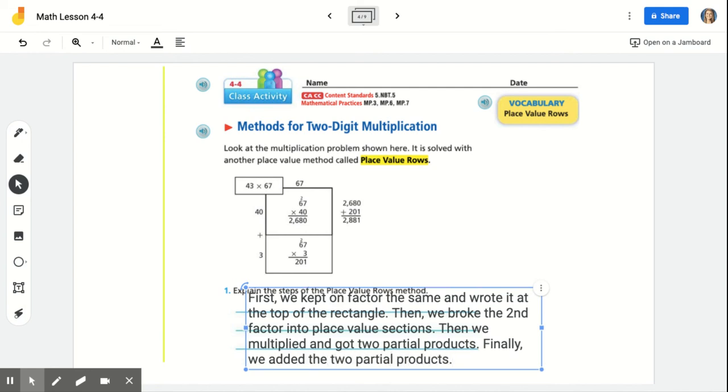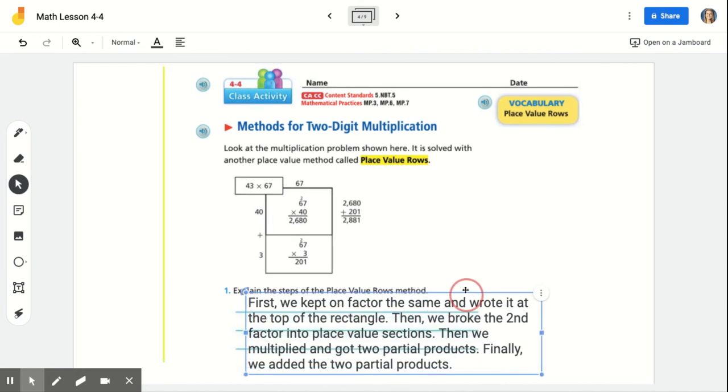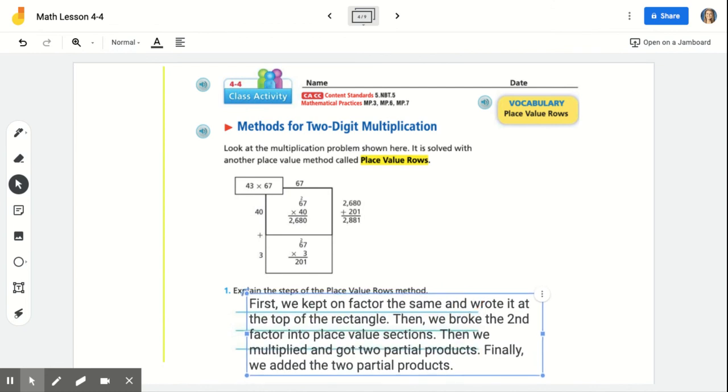So those are the steps. We're going to keep the one factor the same, so we don't break it apart. We just label it on one side or at the top. We break the second factor into place value sections. We multiply. Then we get 2 partial products, and then we add the 2 partial products. You can put it into your own words if you like. Just make sure you're using that academic vocabulary. And once you have this done, let's move on to number 2.